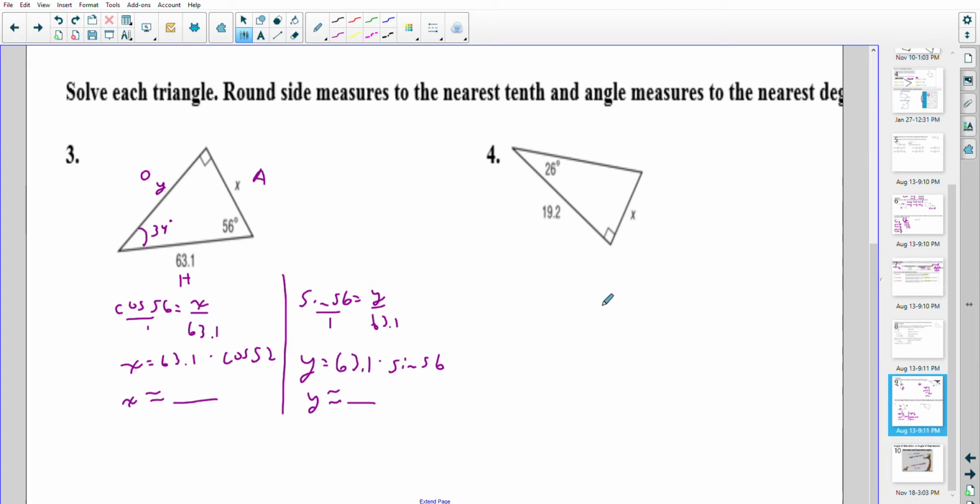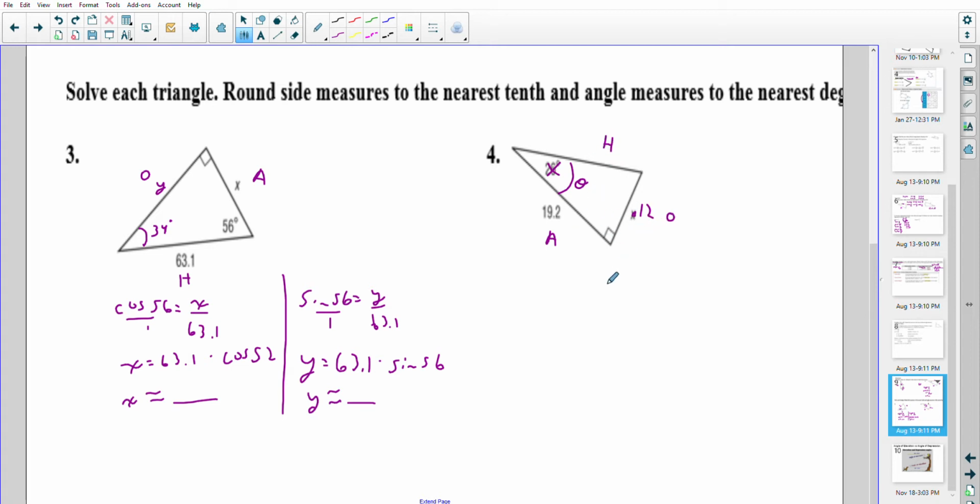Now, if, for example, this 26 is not given and you want to find your theta, and this is, let's say, 12, the way that you would do this is to notice that you have an opposite over an adjacent, and this is your hypotenuse, which we don't know.